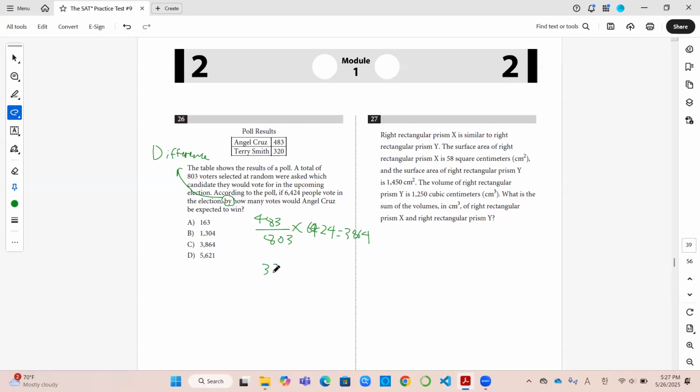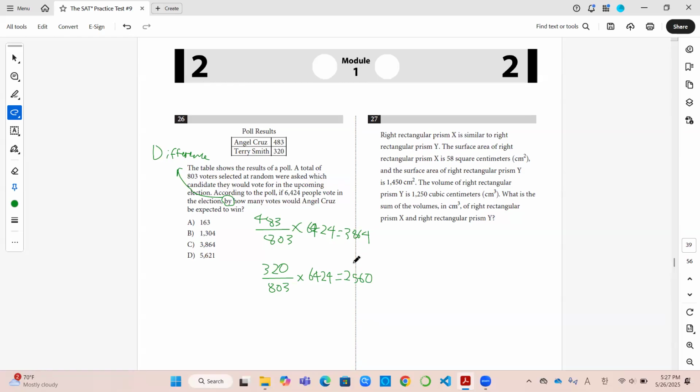So 320 divided by 803 times 6424, which is equal to 2,560.